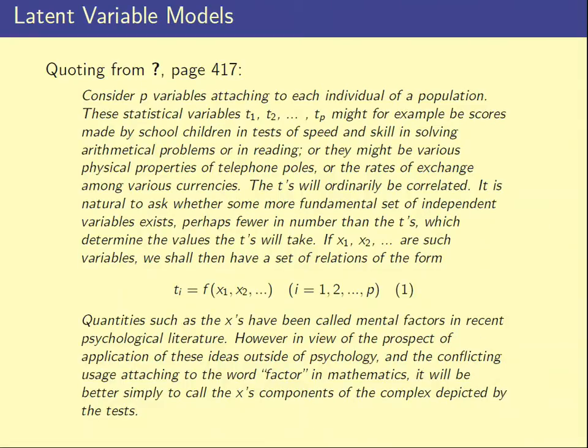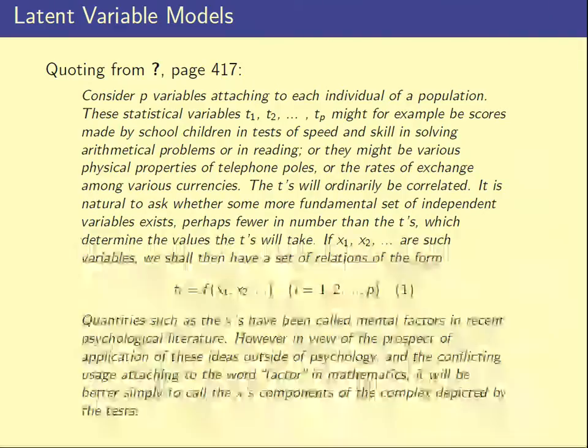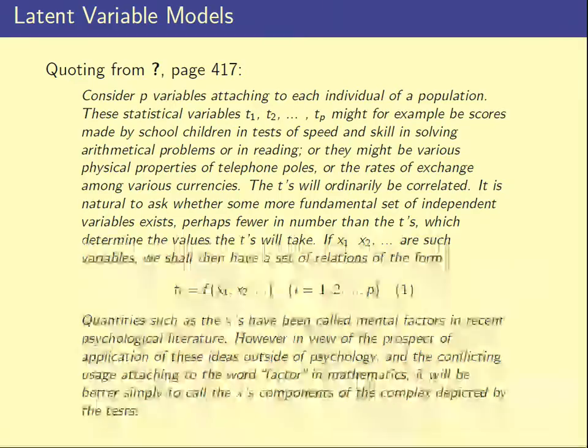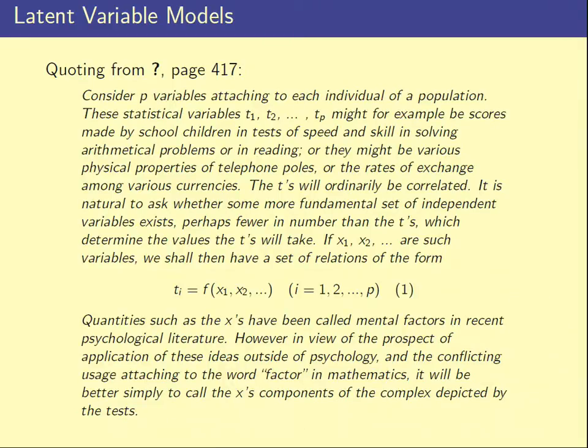So this is a quote from his paper. It's a bit more technical. So consider p variables, which is our data. It's p variables in our data. The statistical variables T1, T2 to TP might be scores made by school children in tests of speed and skill involving various arithmetical problems or problems in reading. They might be physical properties of telephone poles. You know, they're features. They're our data.